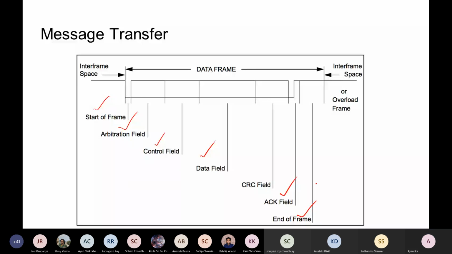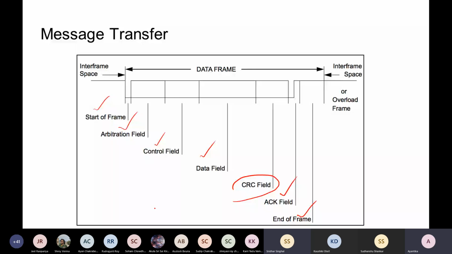Okay. Now one thing is left. Ma'am, multiple nodes can receive a message from the transmitter, right? Yes, it is right. Based on the arbitration field, if multiple nodes see that this type of arbitration is important to them, then they can receive it. So, ma'am, the acknowledge field would also be that number of bits large?